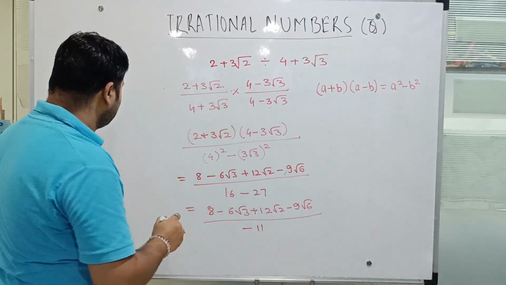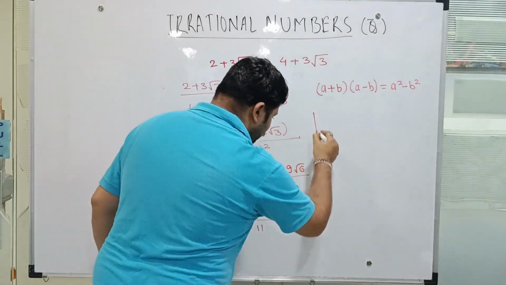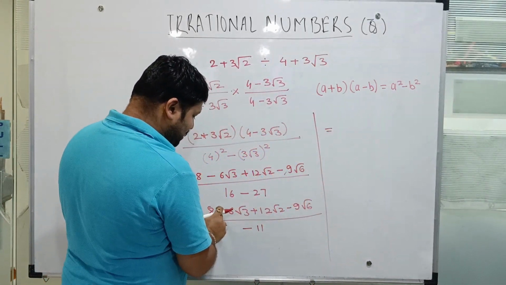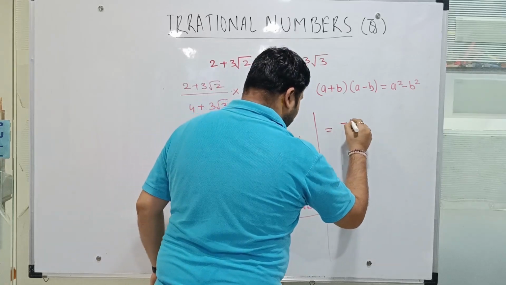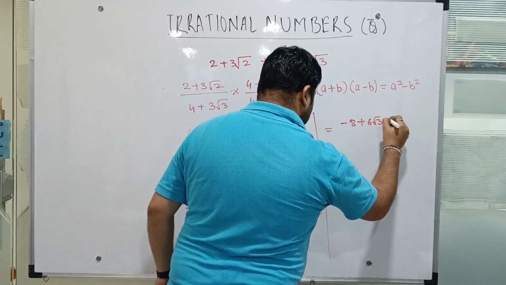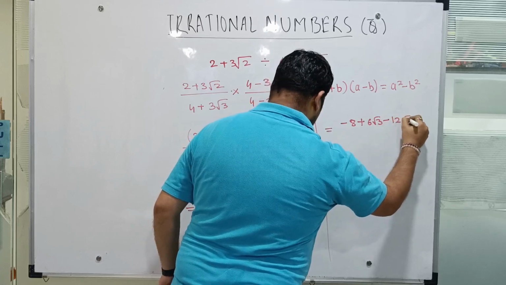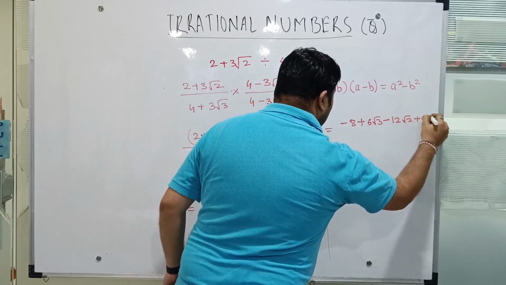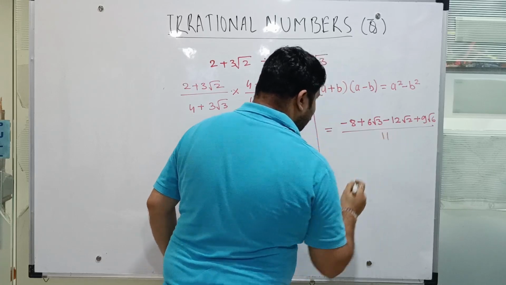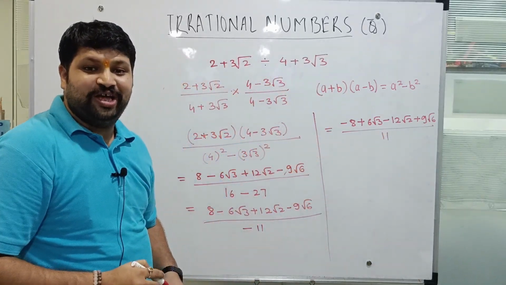Since there is a minus sign, I have to take the minus sign up here, so I'll make it as minus 8 plus 6 root 3 minus 12 root 2 plus 9 root 6, and the whole thing divided by 11. So this would be my final answer.